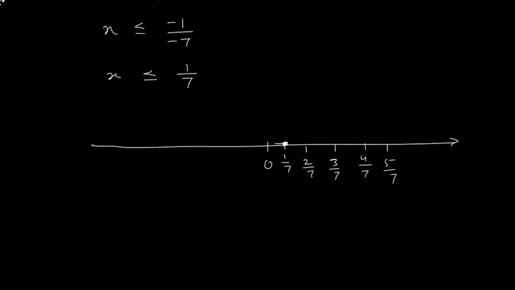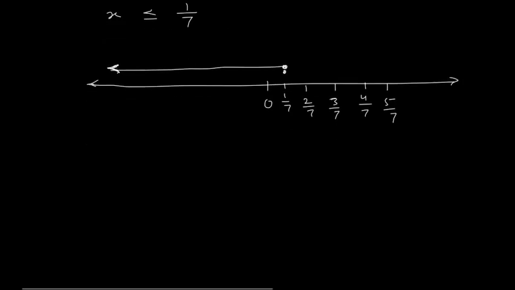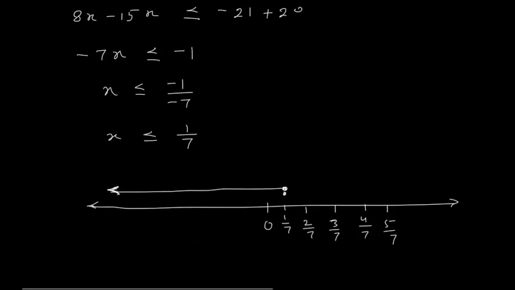Instead of on this line, we will draw it somewhere above it, a line parallel to this axis, and we mark an arrow which will indicate that it keeps on extending on the left hand side. So this is our representation of this solution on the number line.